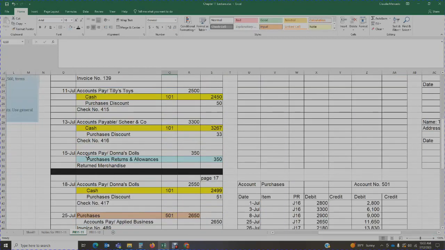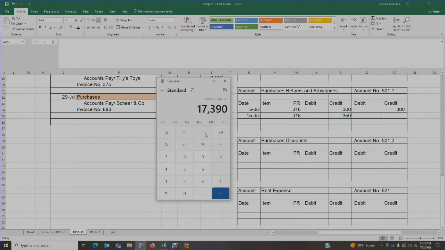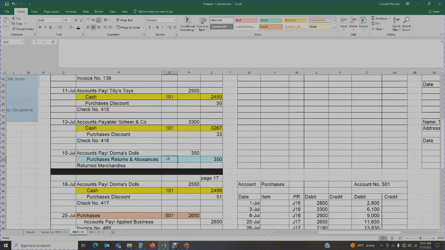Next I have on July the 15th an entry for $350 credit, also from Journal 16. We add the credit of $300 plus the credit of $350, so my ending balance is a credit of $650. Then I'm going to go back and enter 501.1.